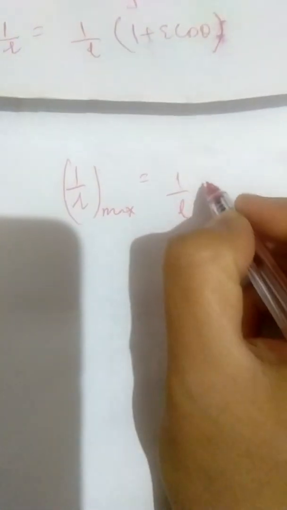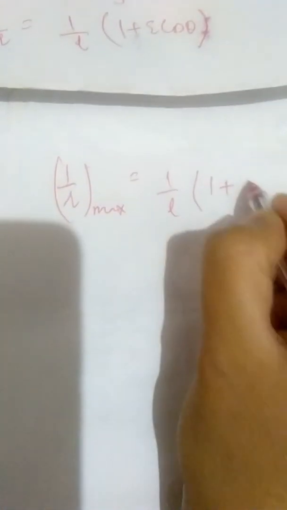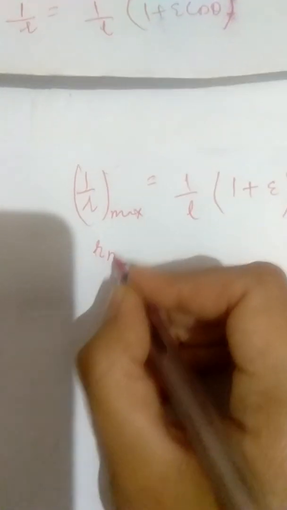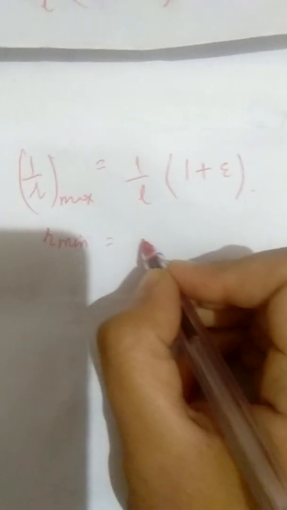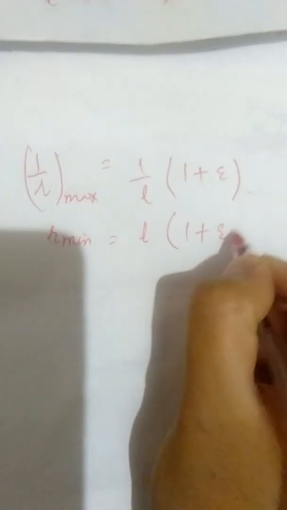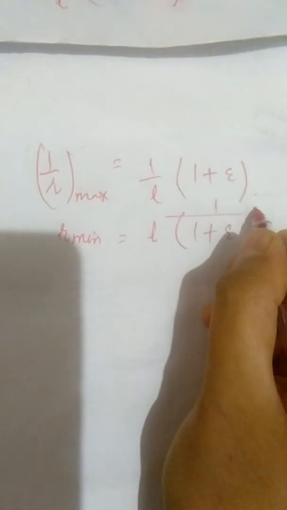Therefore, 1/r maximum value will be (1/L)(1 + E), because the maximum value of cos θ is 1. Now if we take the reciprocal, obviously it will give us r minimum, so that will be L/(1 + E).